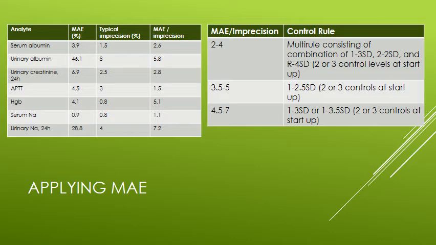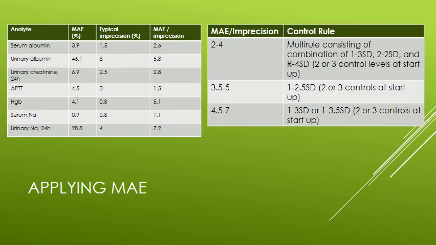So, for example, sodium has an MAE imprecision ratio of about 1. So any 1% shift in a measured sodium might make the measurement too inaccurate for it to be considered useful. Okay, and that should kind of make sense, since, as you know, serum sodium levels are pretty tightly controlled physiologically.